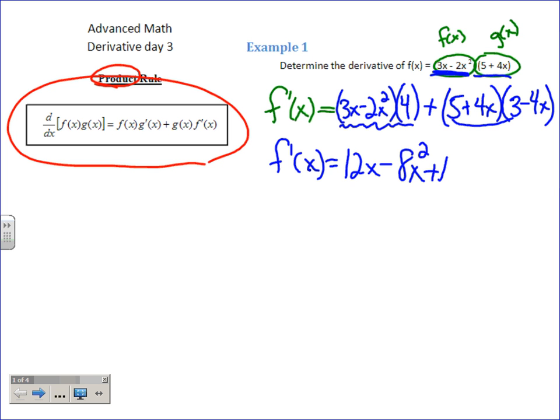So what do we got here? 15 minus 20x plus 12x, careful, x squared.